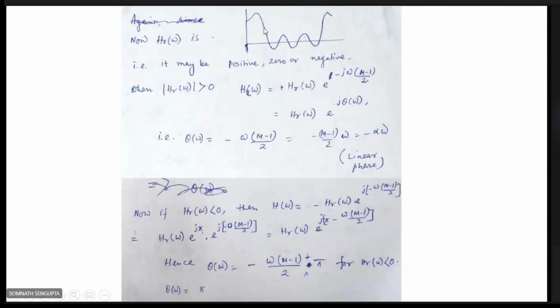Now it has both positive magnitude and negative magnitude. Okay. So it is oscillating in between, but also it has positive and negative. So if you plot the phase characteristics, then when it is negative, that time it is seen that pi is added to the previous phase angle: omega m minus 1 by 2 plus pi.